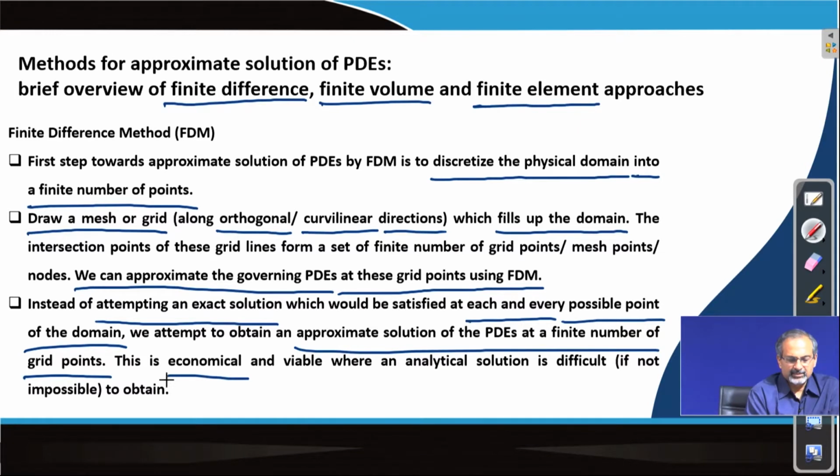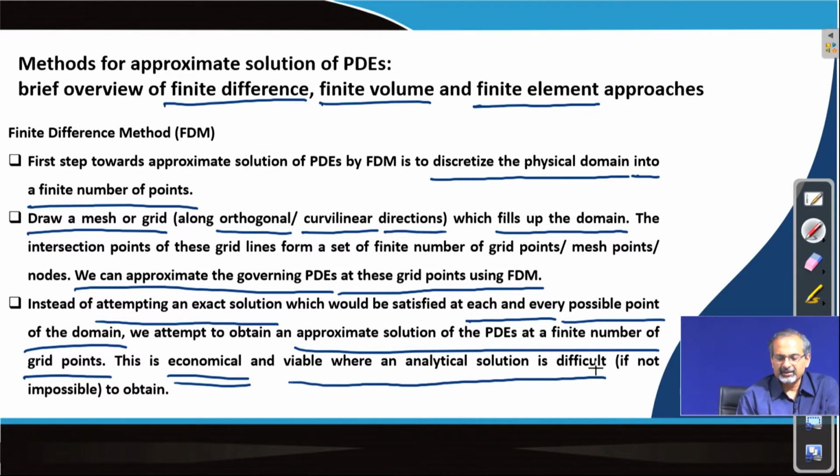This of course, is going to be economical, and this is also the only viable approach where analytical solution of the partial differential equation may not be available or may be difficult to obtain. And then it depends on how many grid points we may end up defining for ourselves to solve the problem. If we have lesser number of points to handle, usually it will be more economical. If there are more points, obviously it makes the computation more costly.